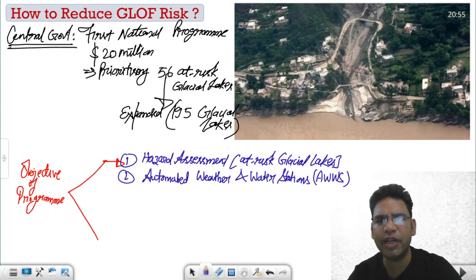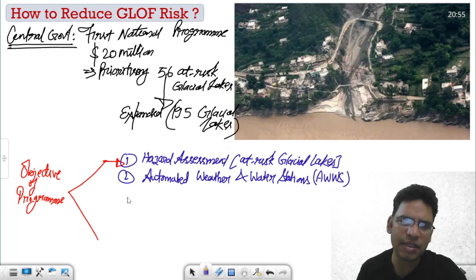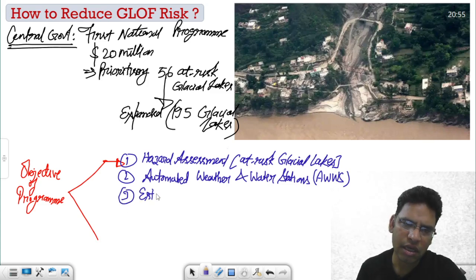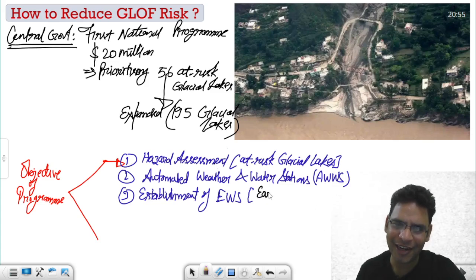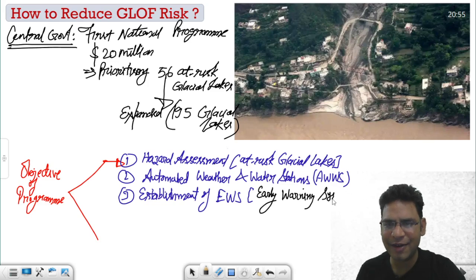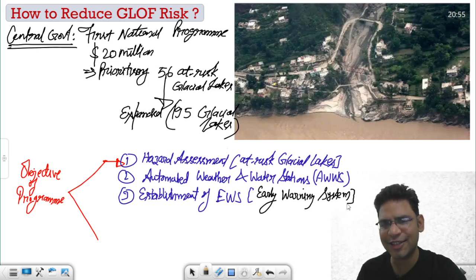This kind of installment. Third was establishment of EWS, not economic weaker section, so you should be writing early warning system, right? Early warning system. Many times we use EWS category, so don't just get confused with it, okay? Early warning system.